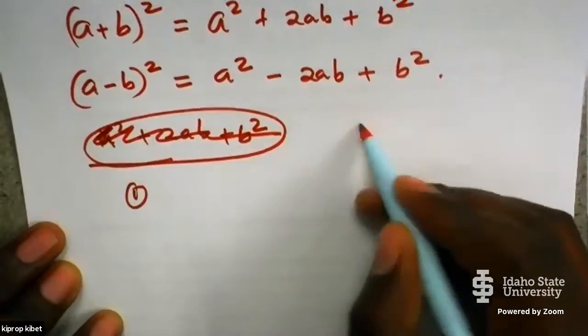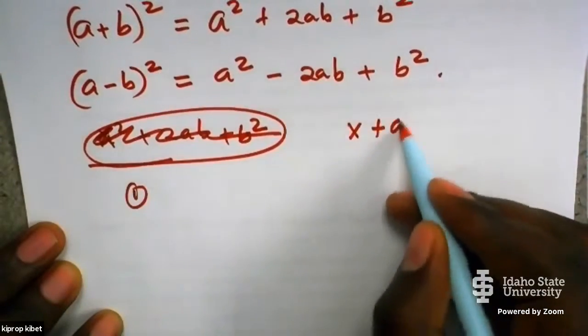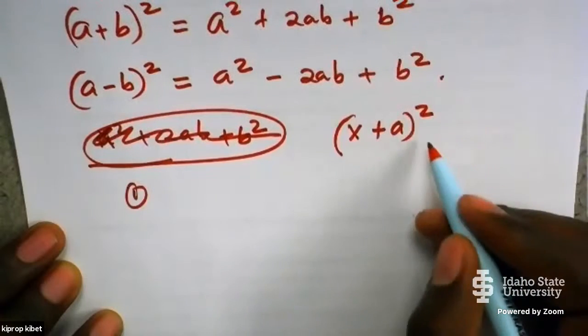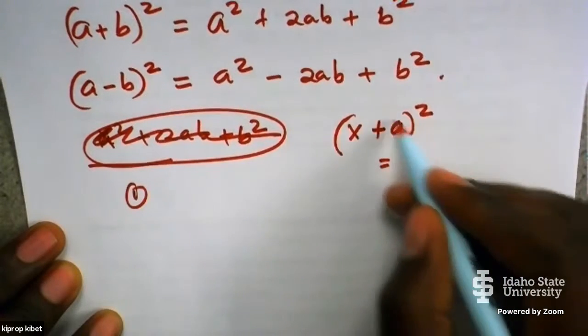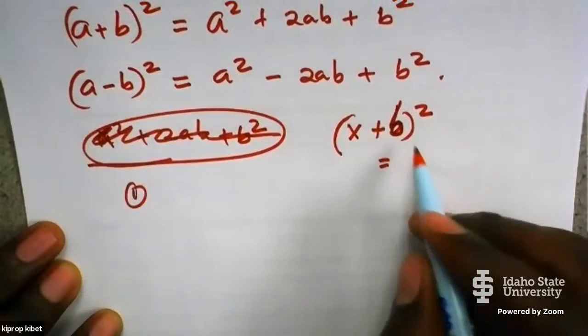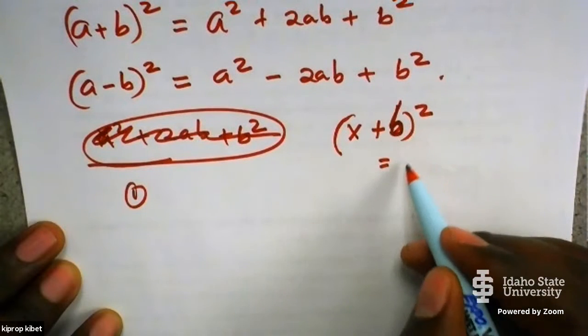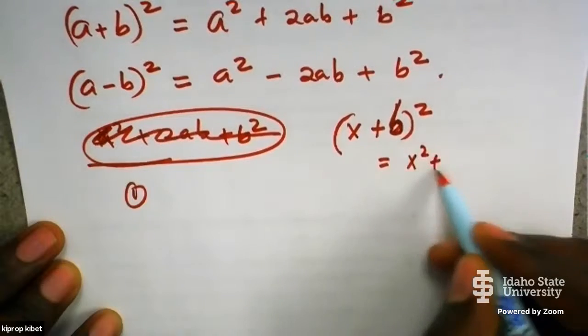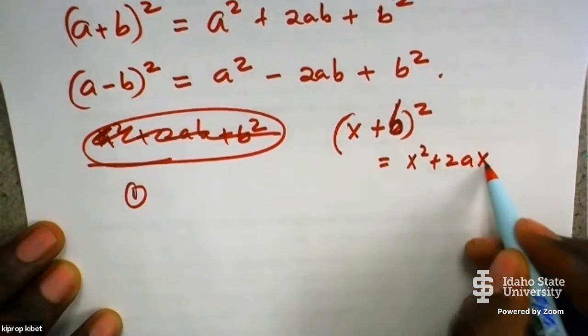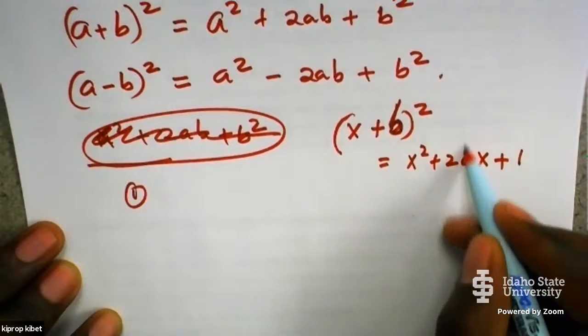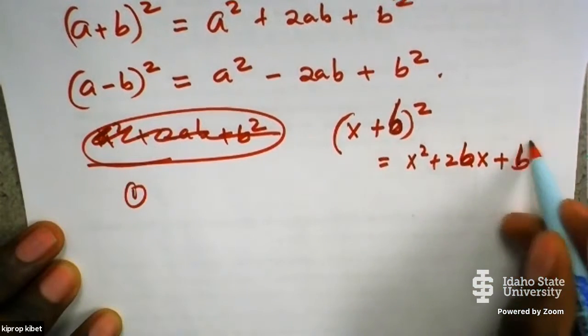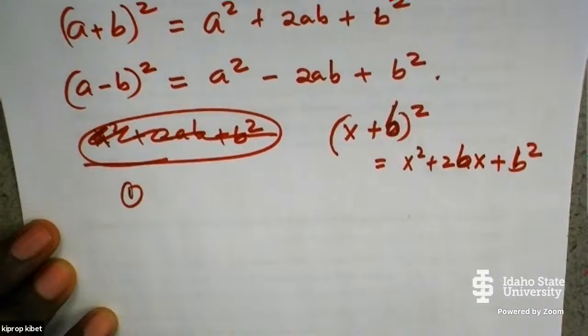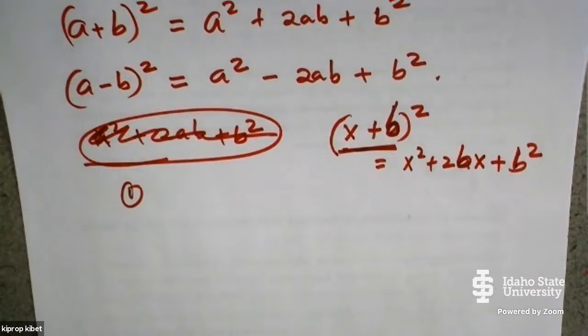So x plus b squared is the same as x squared plus 2bx plus b squared, right? So x plus b squared is x squared plus 2bx plus b squared.